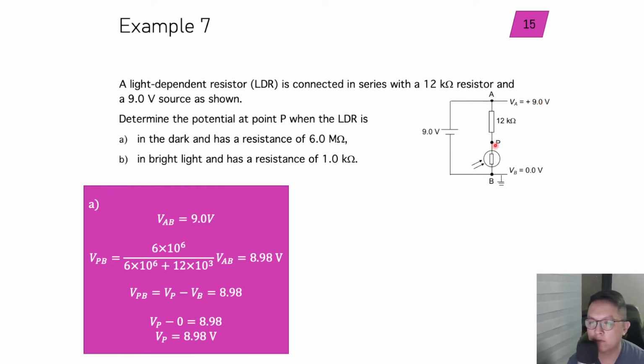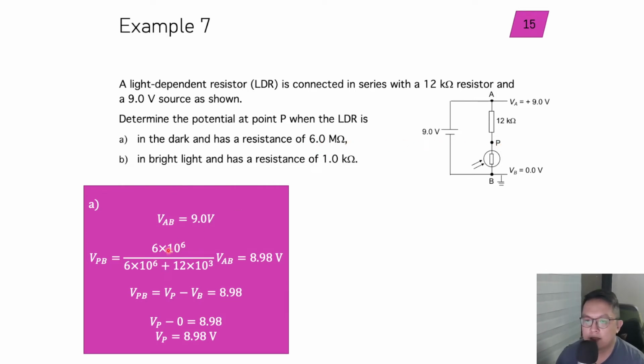In order to find the potential at P, we need to work out either VAP or VPB. So I'll work out VPB instead, which is the potential across the LDR. So in the dark, the resistance of the LDR is 6 mega ohms.